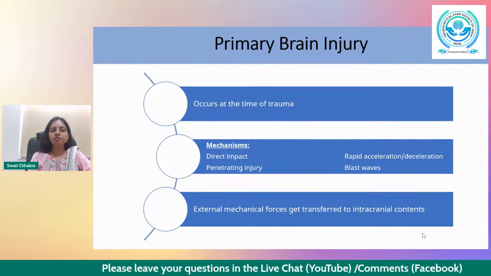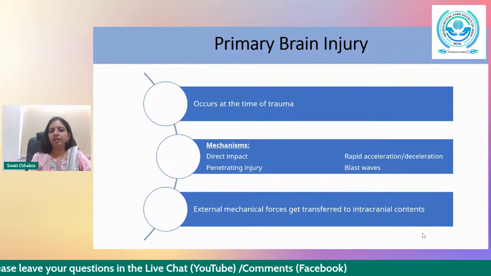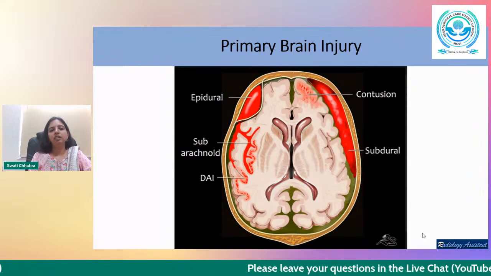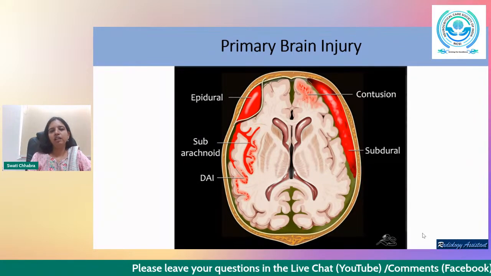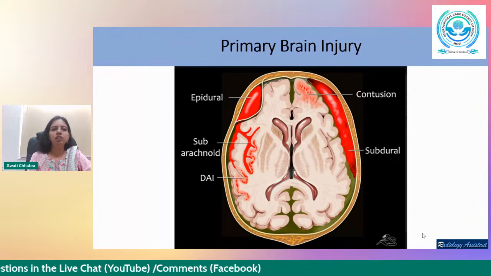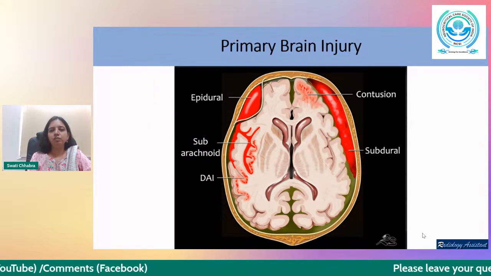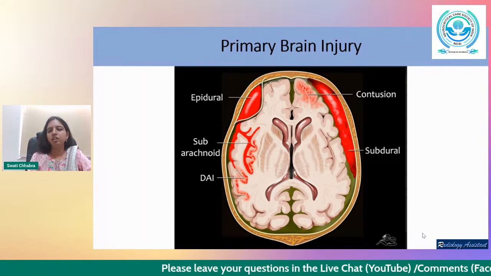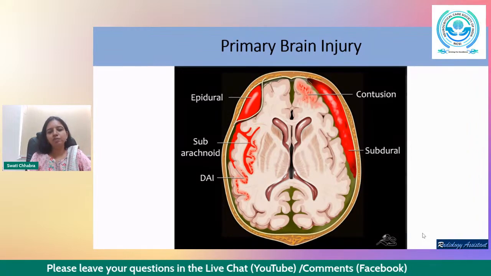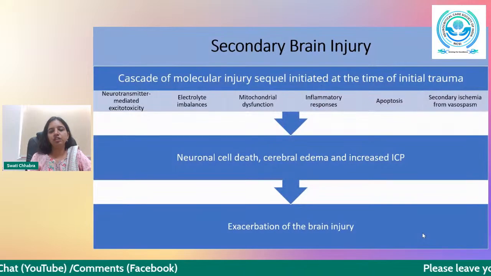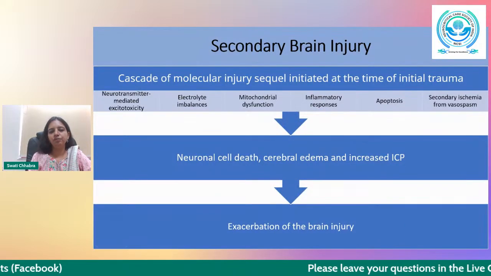There are many mechanisms: direct impact, penetrating injuries, rapid accelerations, blast waves, such that the external mechanical forces get transferred to the intracranial contents, and we can get either isolated injuries or a combination of these injuries, which can range from just skull fractures to epidural hematomas, subdural hematomas, intracranial hemorrhage, contusions, SAH, and diffuse axonal injury. The management, surgical or conservative, totally depends on the extent of injury, combinations, the patient's condition, and if there is any deterioration.